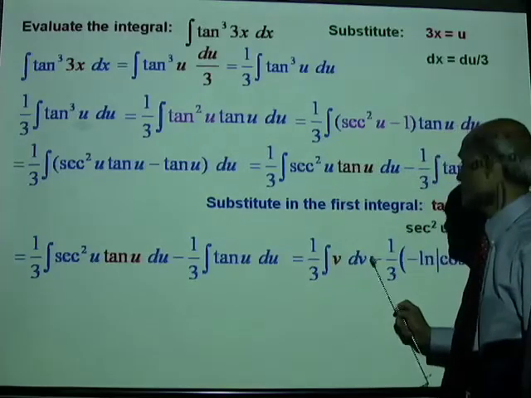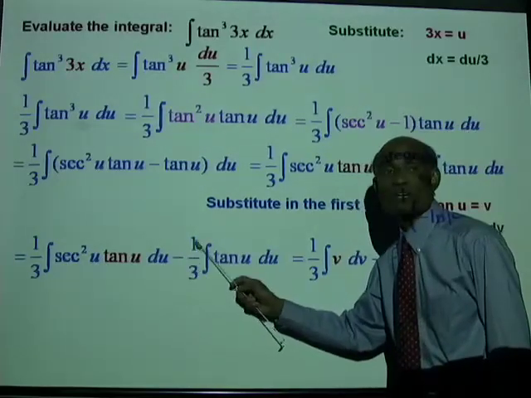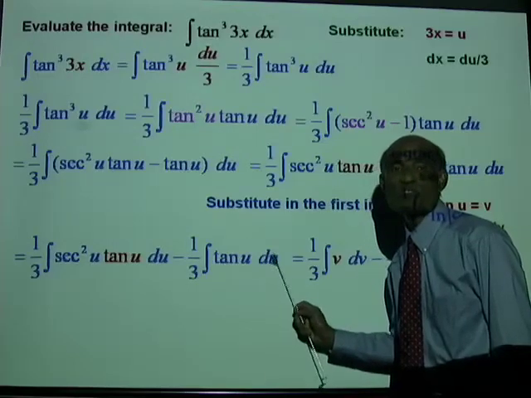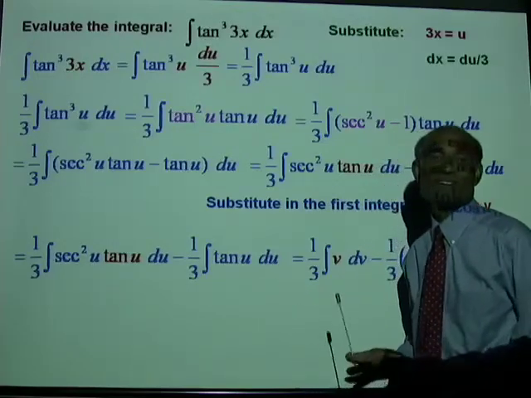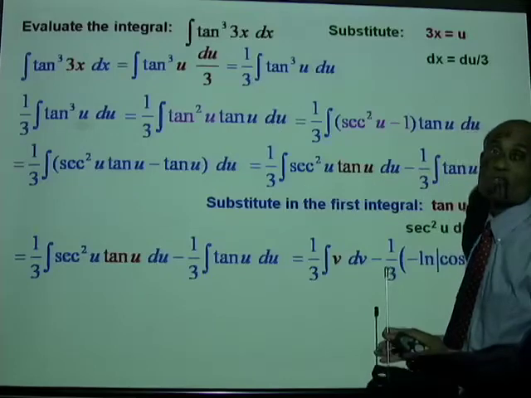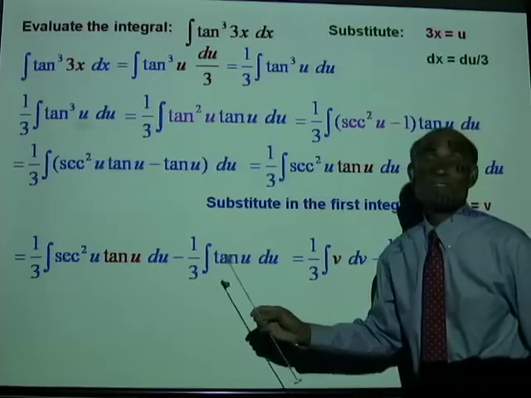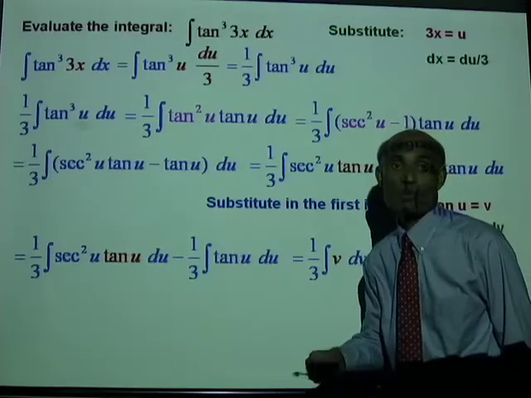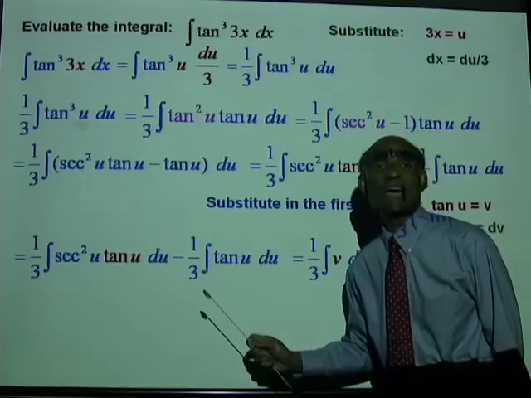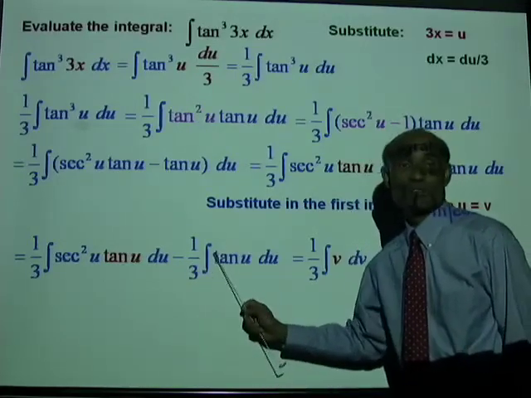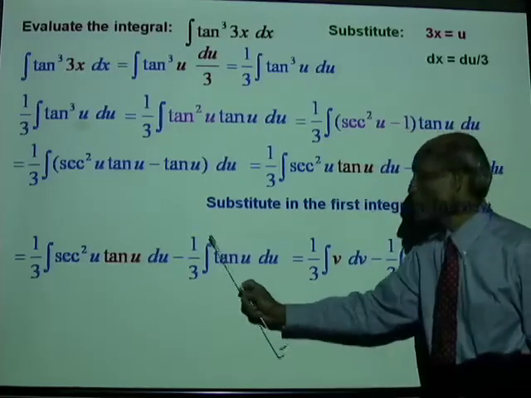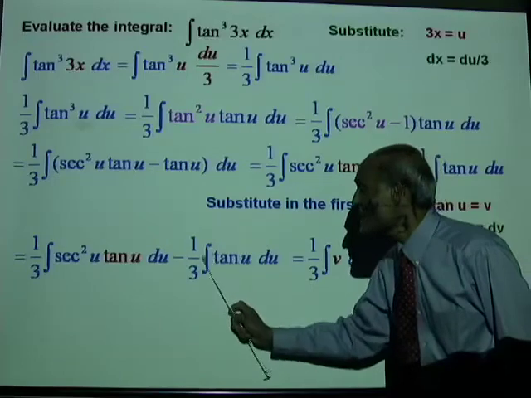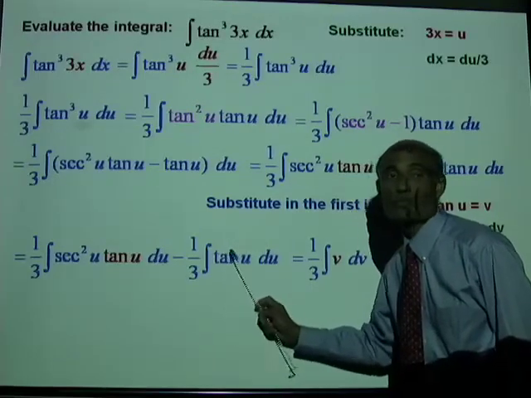So it's v dv, and this can be integrated. Tell me, what is the integral of tan u du? Well, we had the integration formula, it is negative ln cos u. That's right, you should know that. So this will be minus 1/3 times negative ln cos u.